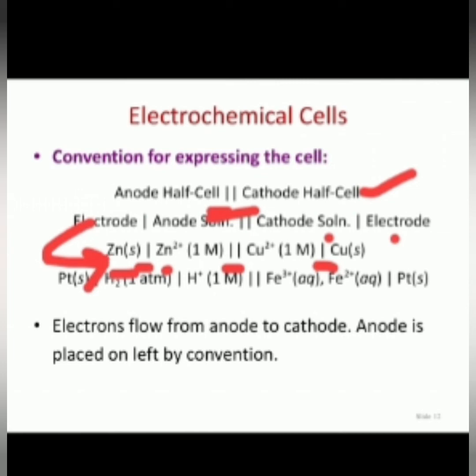This is the half anodic cell reaction. The two half cell reactions can be distinguished by two vertical lines.